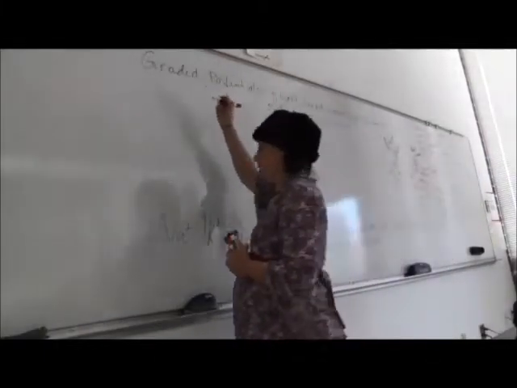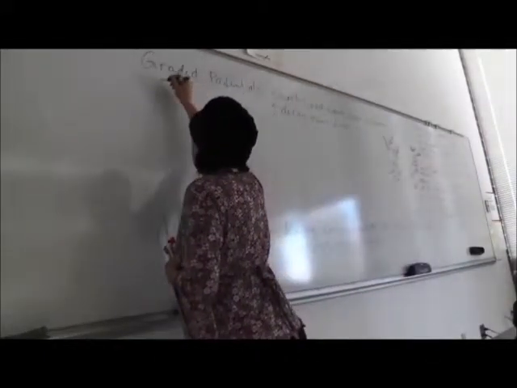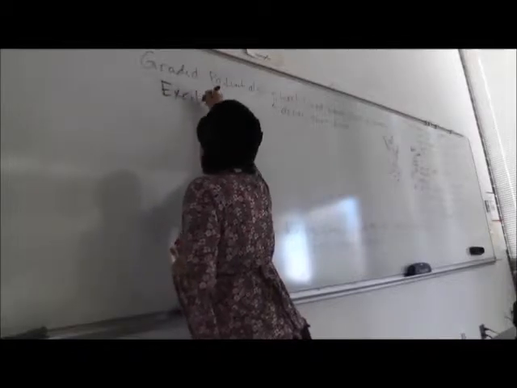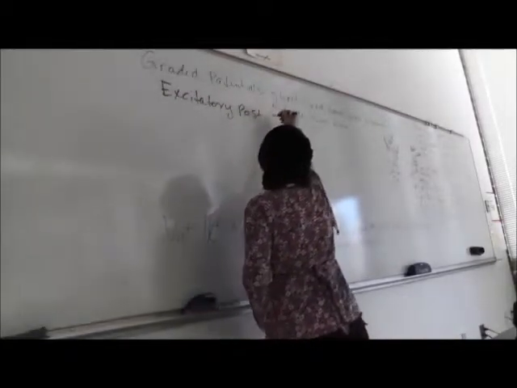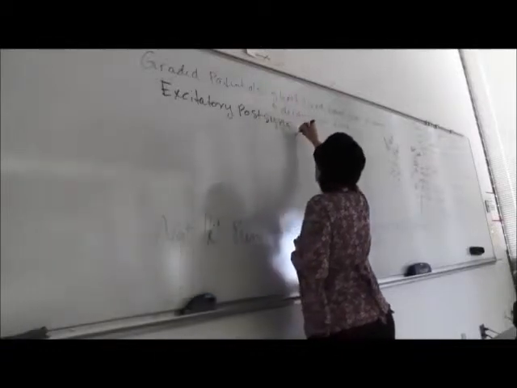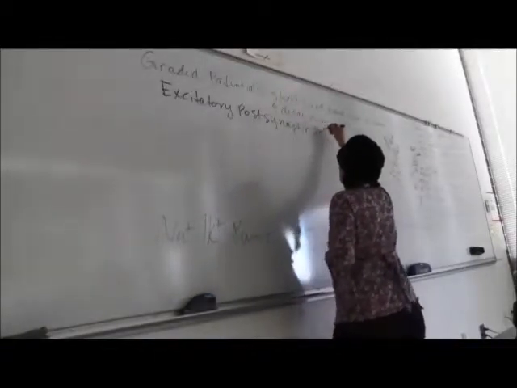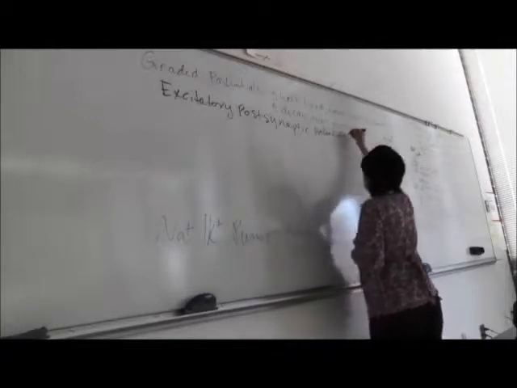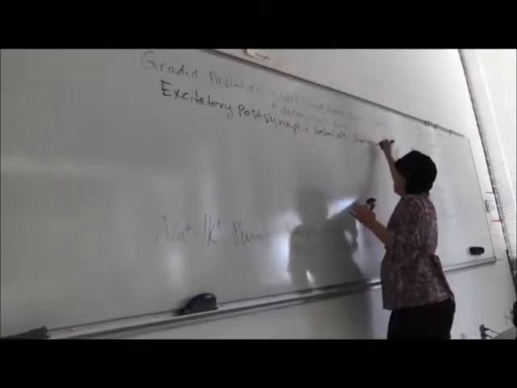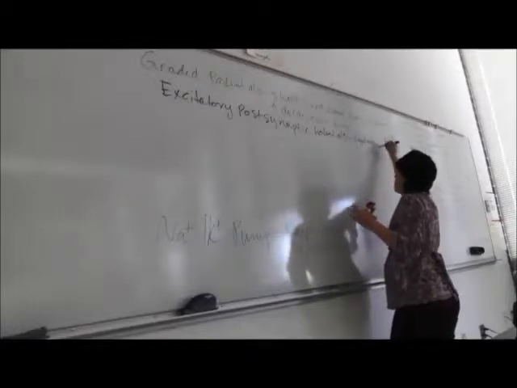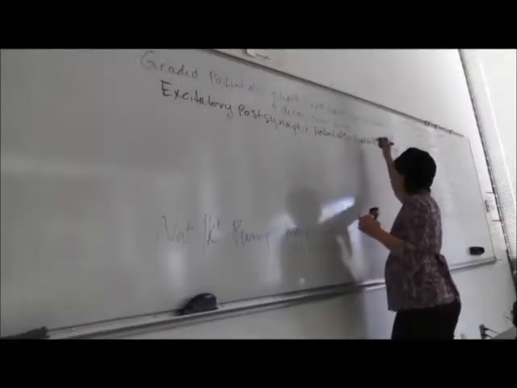So the two types of graded potentials that we have are what are called excitatory postsynaptic potentials, or EPSPs, and these are depolarizing, which means not that we go all the way to positive 30, but that we move in the positive direction.